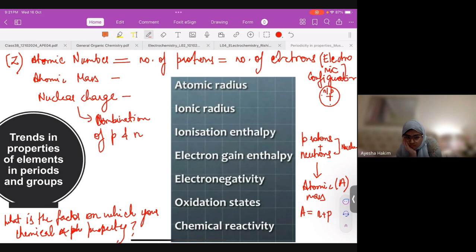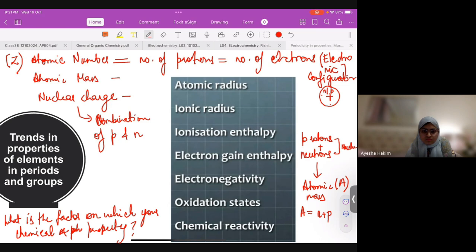There is only one concept which can define the chemical or the physical properties of any element. And what is that? You yourself said that periodicity depends on electronic configuration. So it is my electrons which will determine any of the chemical properties of the element. Because if I'm not talking about electrons, I'm not going to talk about any kind of bonding also.